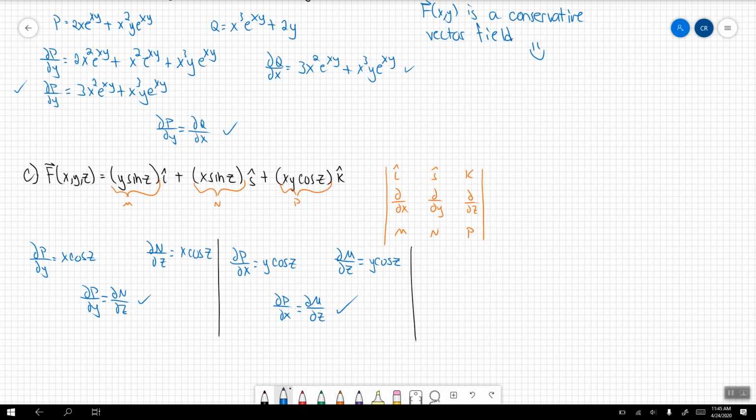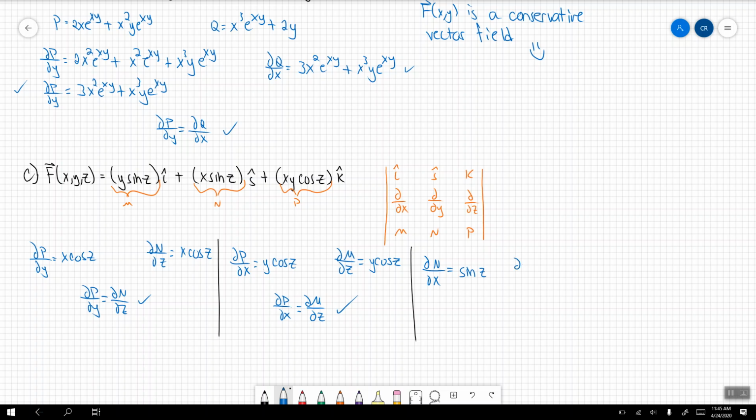Working with the last one, that's going to be the k component. Sorry, I lost track here. The last component, not p. Here we go. Perfect. The last component is going to be the partial of n with respect to x. So the partial of n with respect to x is just sine of z.